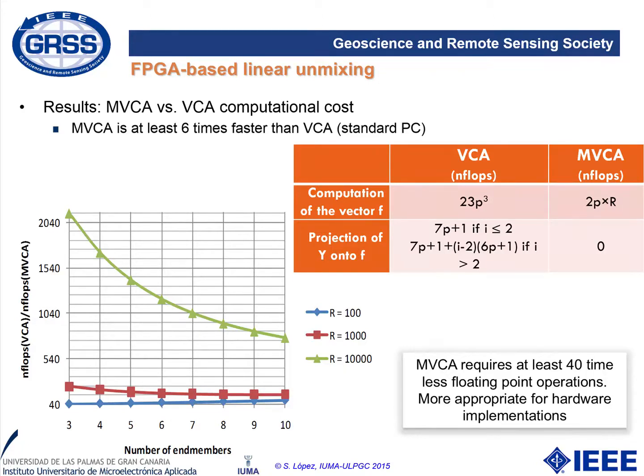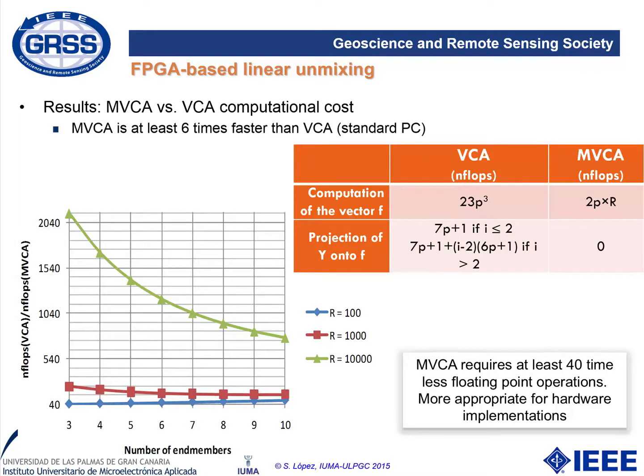So as you can see here, especially for images composed by a more or less high number of pixels, here for example 10,000, which is, I would say, a common situation for hyperspectral sensors, or even to have much more pixels, we are getting a significant advantage in terms of the computational power that we need when compared with the BCA.